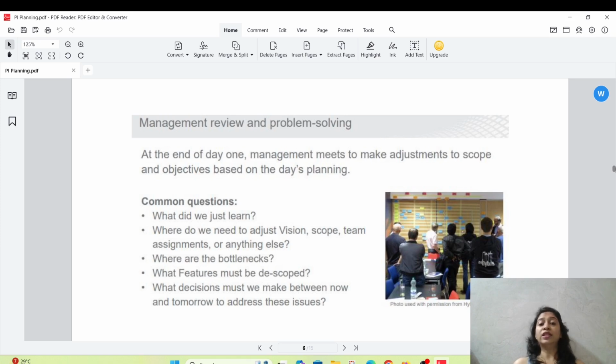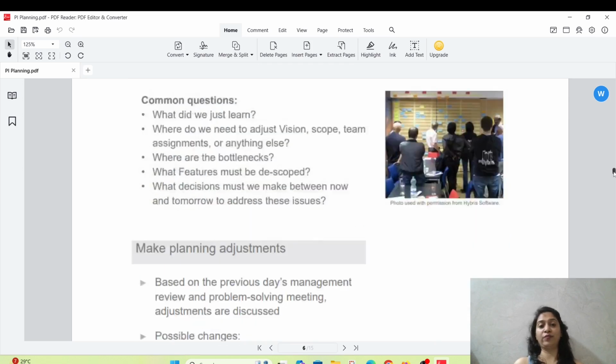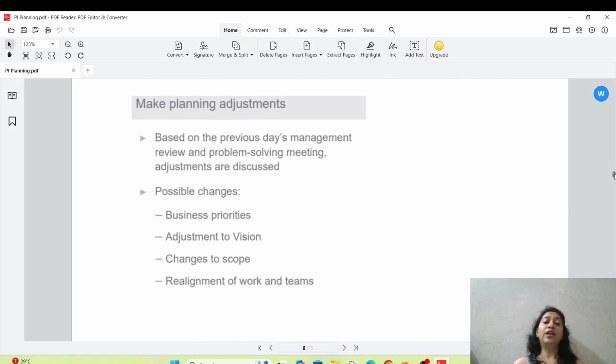This is discussed in the last session of day one, and of course the first session of day two. They are going to explain and brief everything to the other teams and team members from the management side. This is the review. Then we go ahead with planning adjustments based on the previous day.